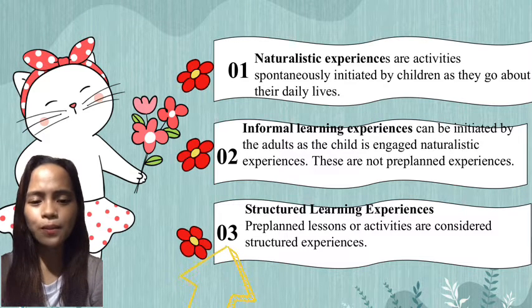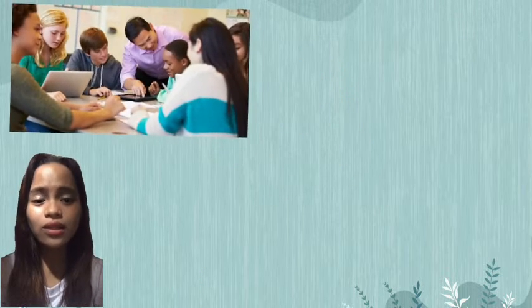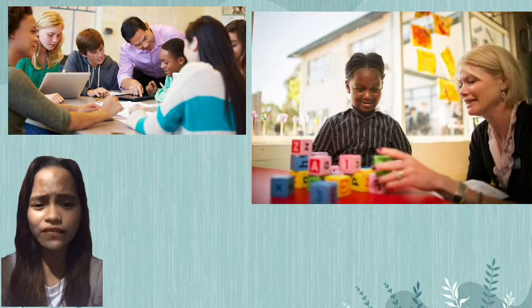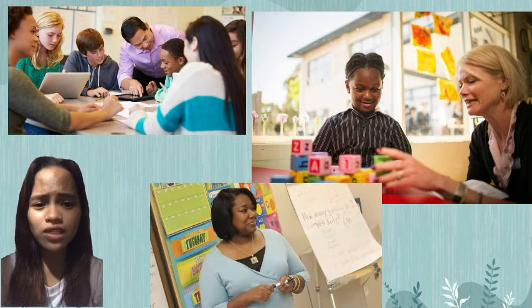Pre-planned lessons or activities are considered structured experiences. Adults, particularly the teachers, prepare appropriate activities in line with the objectives. In the presentation of the lesson, everything must be planned from the initial activity until the last activity to be executed.